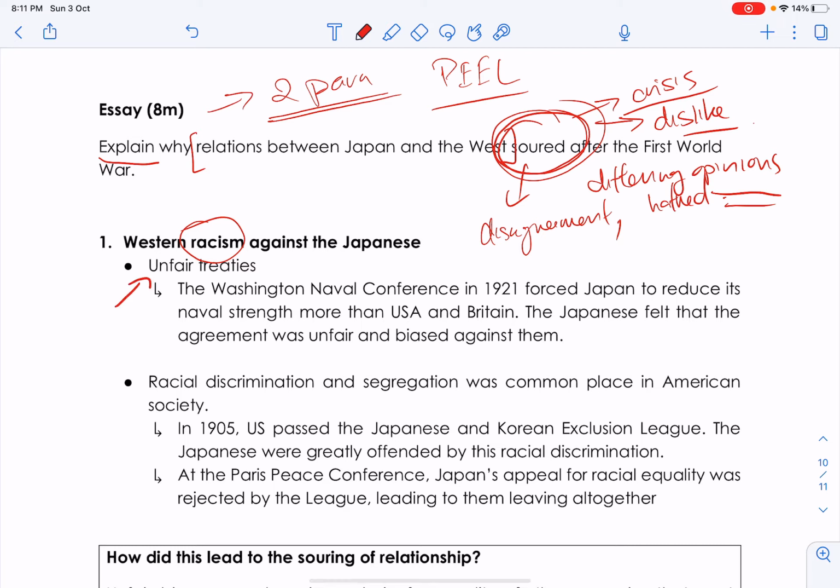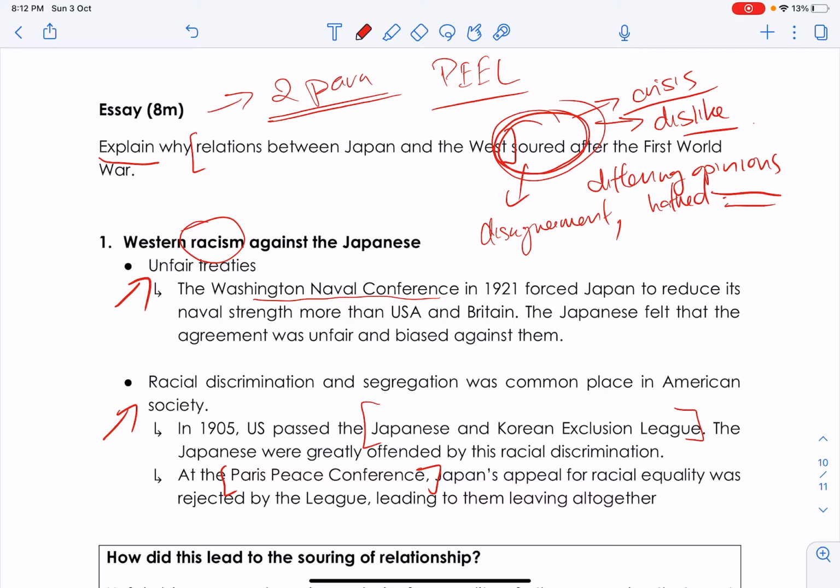So things like unfair treaties in the Washington Naval Conference, racial discrimination through the Japanese and Korean Exclusion League, and then the Paris Peace Conference, in which Japan's appeal for racial equality was rejected by the league, leading to them leaving altogether. Two points should be valid, two very clear examples about where the racism comes from.